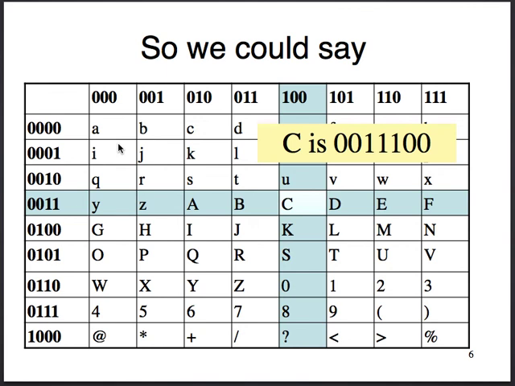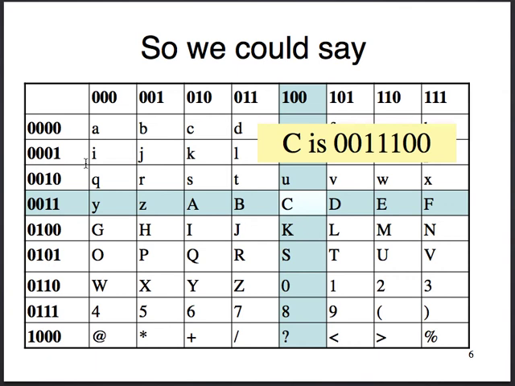It's just easier to express it in this format rather than have 0, 0, 0, 0, 0, 0, 0 is A, and then 0, 0, 0, 0, 0, 0, 1 is B, and 0, 0, 0, 0, 0, 1, 0 is C. You know, this is a more compact form, but there's no mystery of how to read the table.